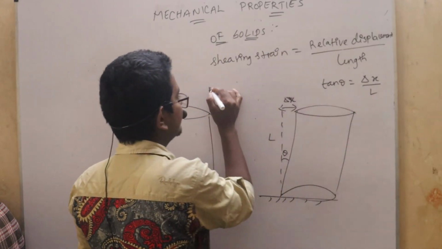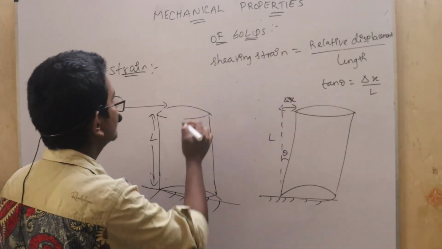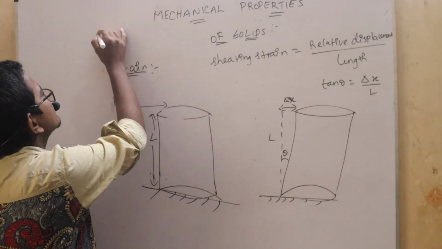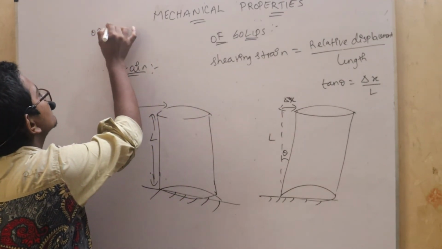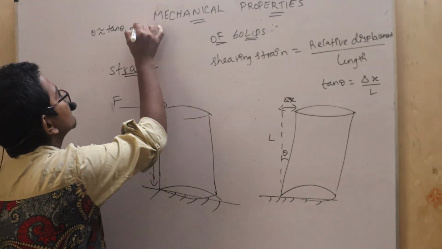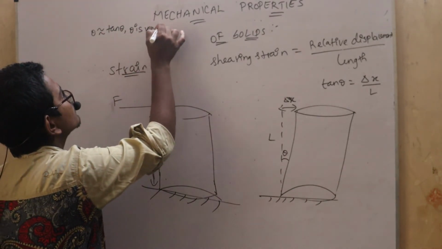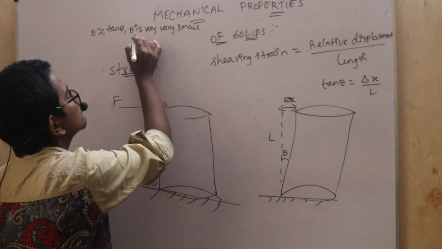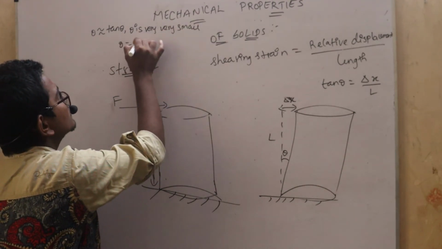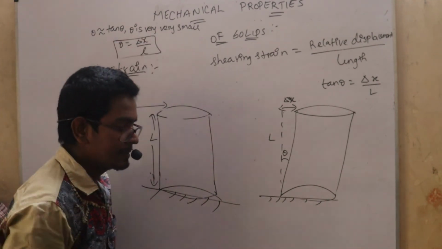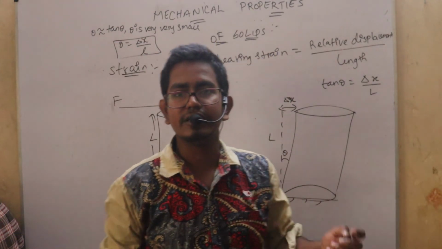So theta is equal to tan theta when theta is very small. So theta is equal to del x upon L. So that is about the shearing strain.